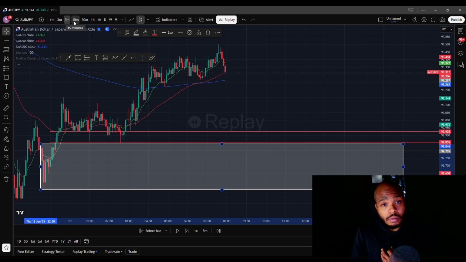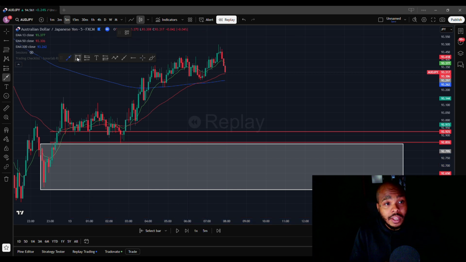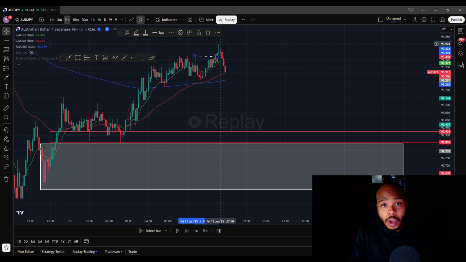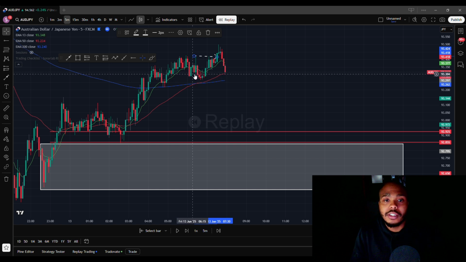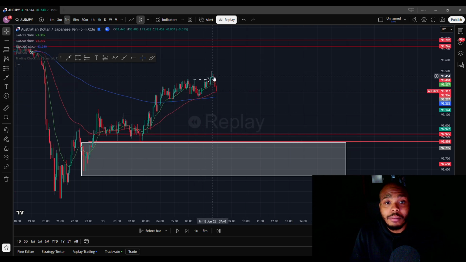Now, I've seen on the 5-minute that we broke structure. We had a break of structure here. We also have a higher high here. We have a 5-minute little area, a low probability 5-minute demand. We're not going to take it because we don't take low probability, but we see that price is showing me that there is some sort of buyer's reaction happening.